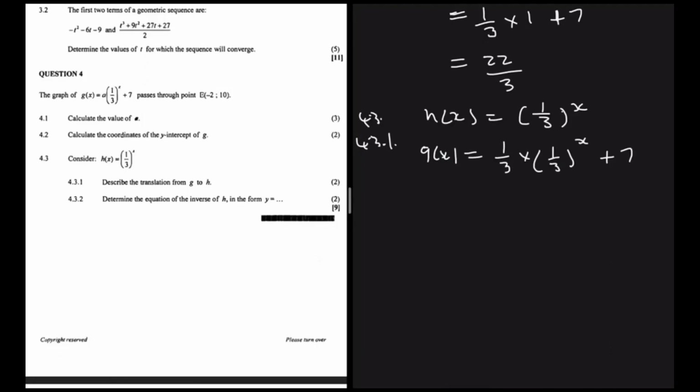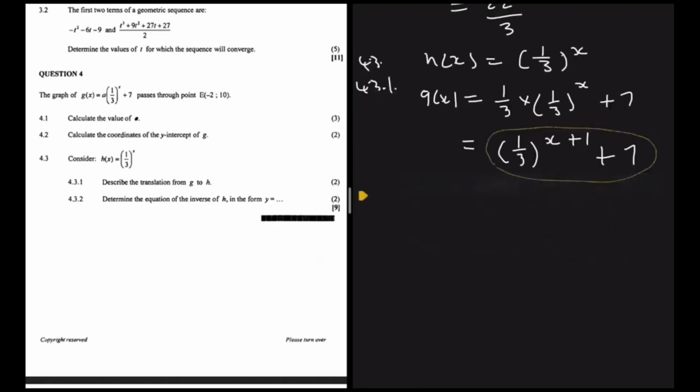But for g of x, instead of having 1 divided by 3, we can see 1 divided by 3 to the power x plus 1, right? And then we'll have that plus 7 there, because if you multiply numbers of the same base, you can add the exponents. So now we have it as close to h of x as possible, and we can describe the translation.